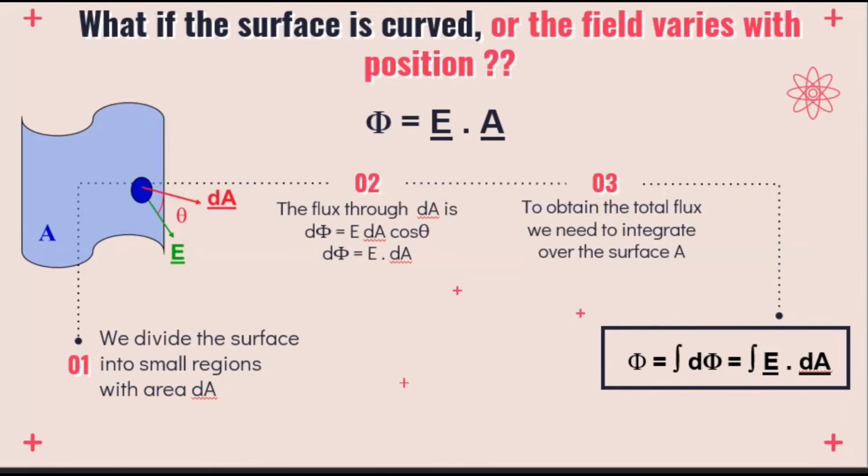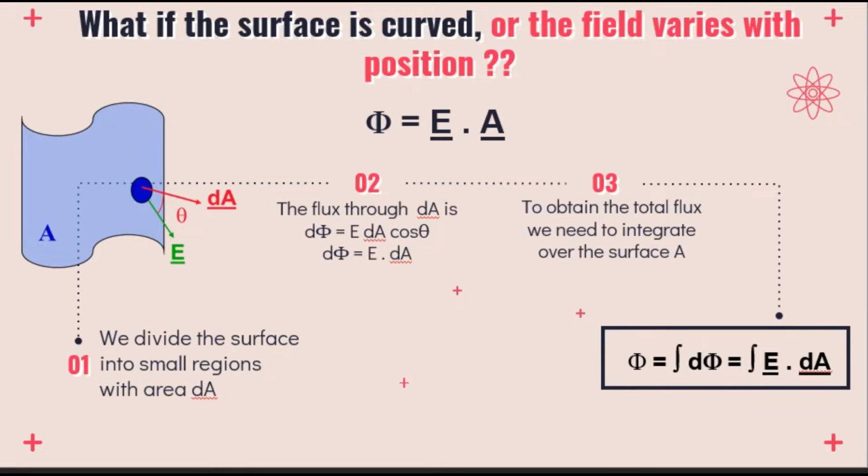Okay? So, to obtain the total flux density, we need to integrate over the surface area. Okay? In terms of phi. So, since we are getting phi, integrate both sides, okay? d phi is equal to the integral of E dot dA. So, this is how we get the value of the flux density if we have a varying field or position of a field in terms of a curved surface.